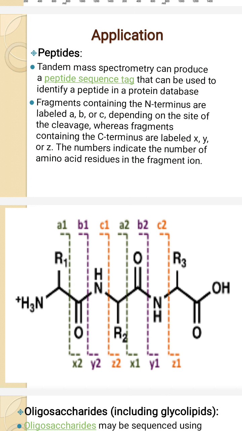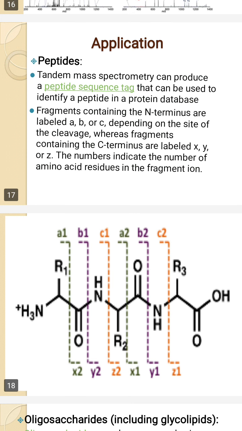A notation has been developed for indicating peptide fragments that arise from a tandem MS spectrum. Fragments containing the N-terminus are labeled a, b or c depending on the site of the cleavage, whereas fragments containing the C-terminus are labeled x, y or z. The numbers indicate the number of amino acid residues in the fragment ion.